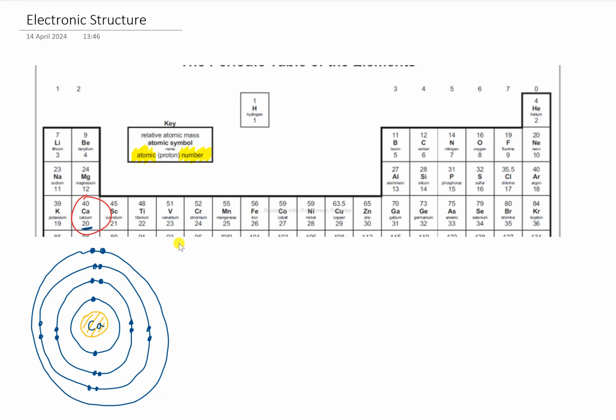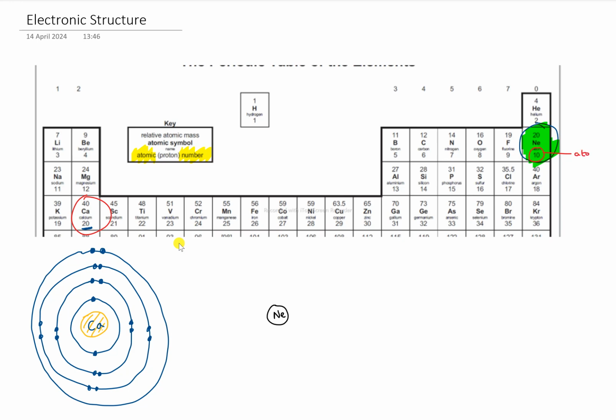Now, which one shall we do? Right, let's try neon. So what you do is you draw the nucleus, and let's just put Ne. Now we're interested in trying to get, let me circle this, the atomic number.